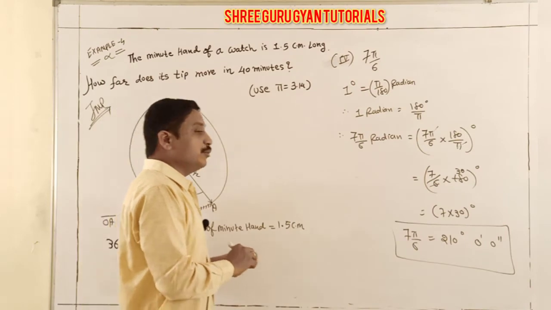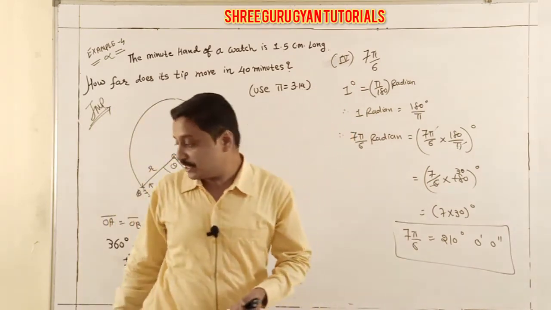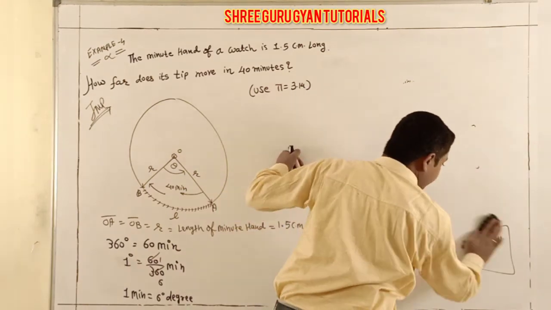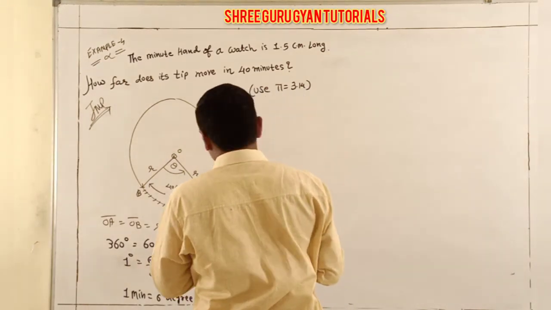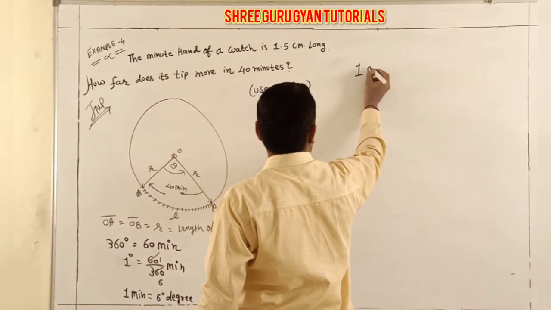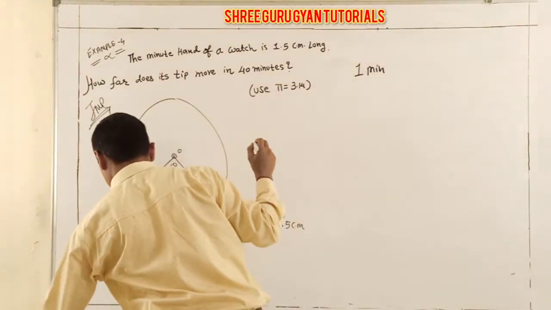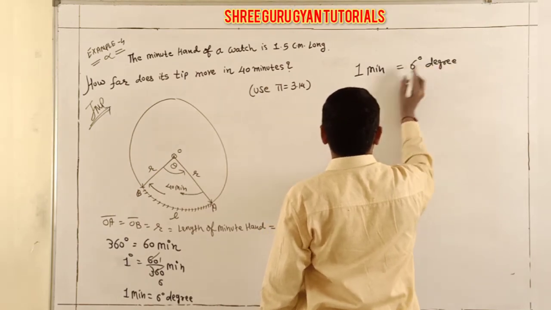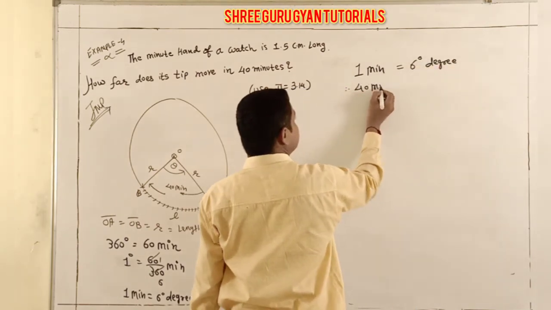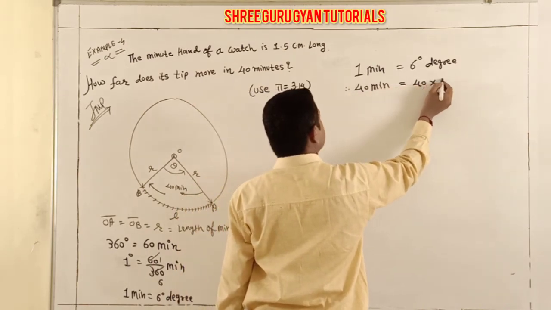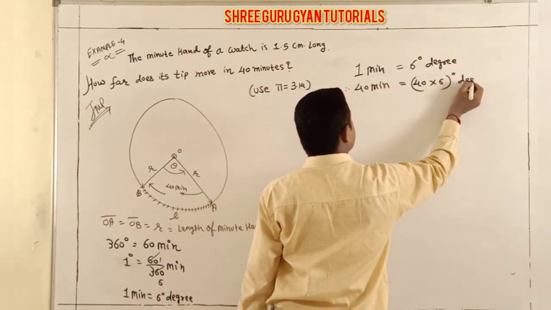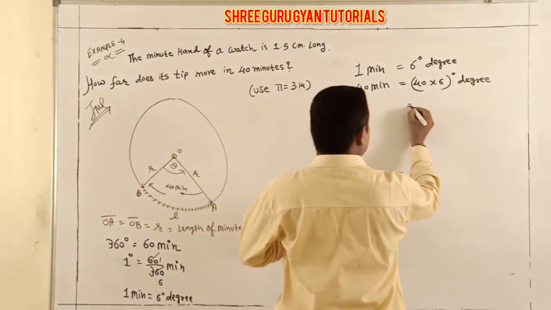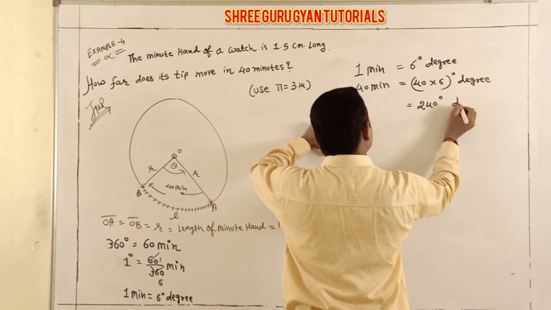So I want 40 minutes, and I translate 40 minutes into degree form. One more time, write down, students: 1 minute is equal to 6 degree. So 40 minutes is 40 into 6 degree. 6 fours are 24, so it is 240 degree.